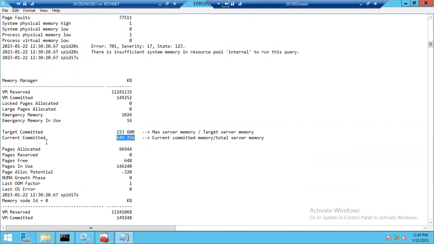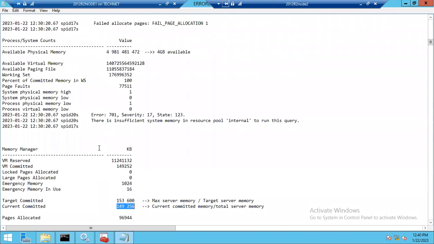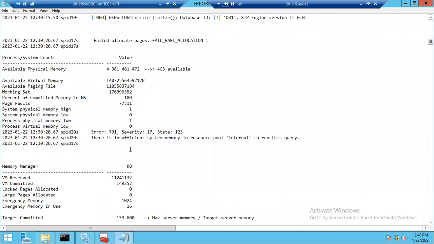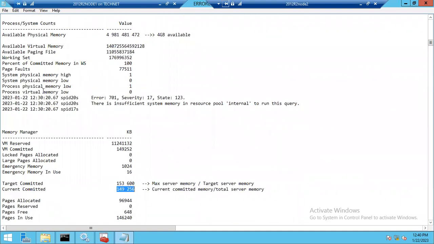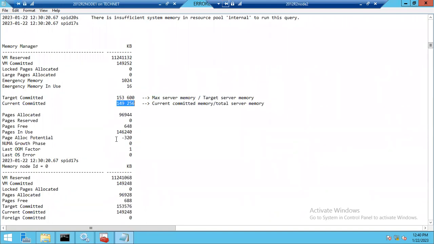Now, another important one is physical memory, this one. If you see that the process last out of memory factor is 1, it also indicates that there is an out of memory exception.